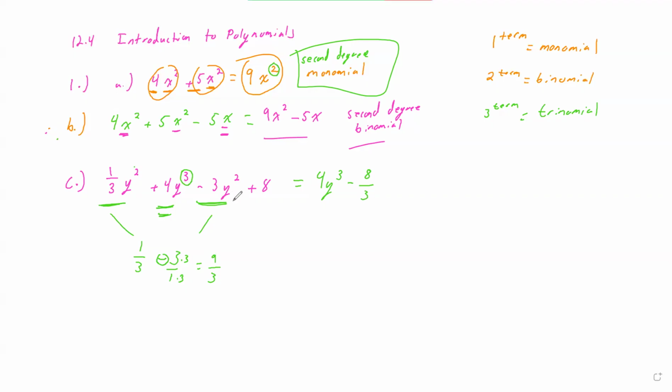And then write what object you had. That was a y squared I was dealing with. And then after all that work, don't forget about that lonely +8. It's still part of the answer.